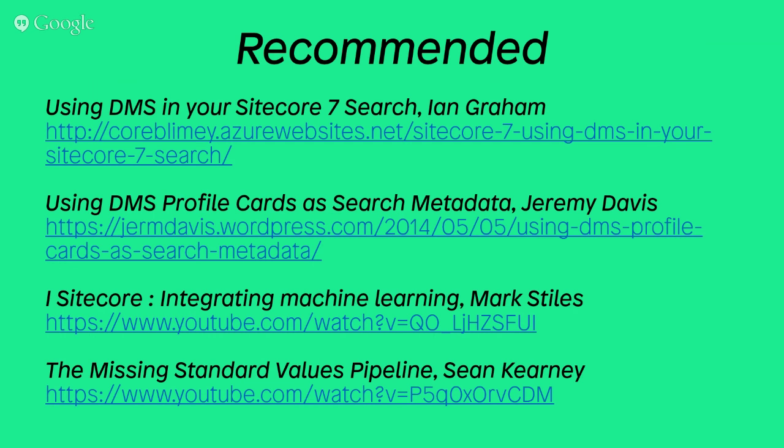This is a great presentation about personalizing content based on machine learning, and not using rules and data sources like I was. He takes a very different approach, and it's far more sophisticated than what I've been talking about, so I definitely recommend taking a look at that. And then the final one, which is kind of unrelated, but it's the Missing Standard Values Pipeline by Sean Kearney. It's another YouTube presentation that you can watch.